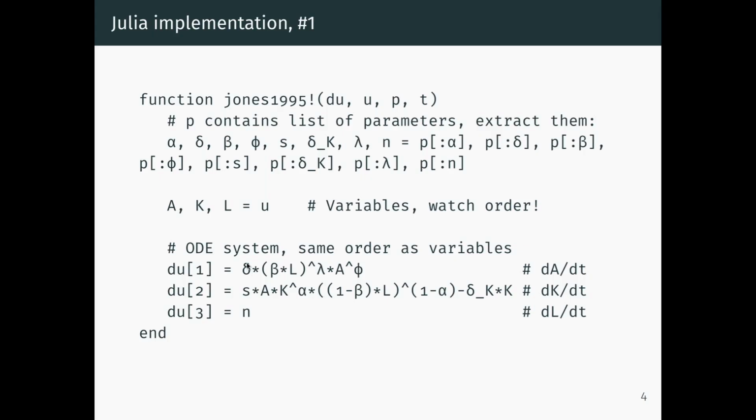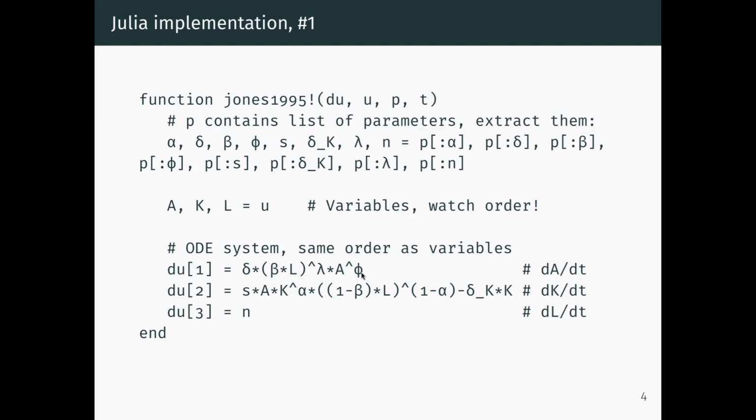Delta is the productivity parameter, beta is the share of researchers in total population, L is total population, which is coming from here, so it's the population at time t, to the power of lambda, which is the parameter that you stated, and A is the technology at time t to the power of phi.